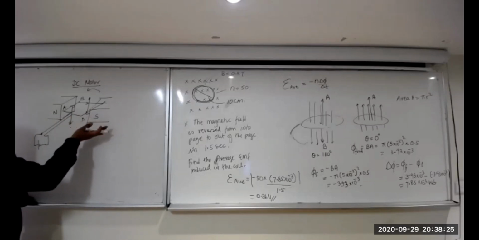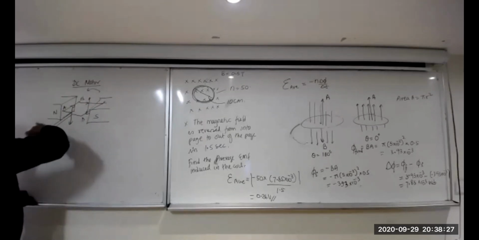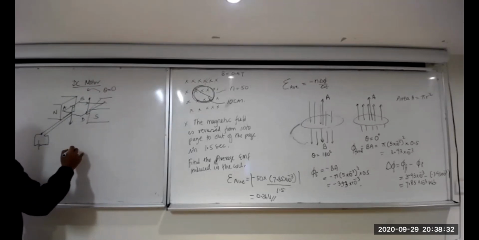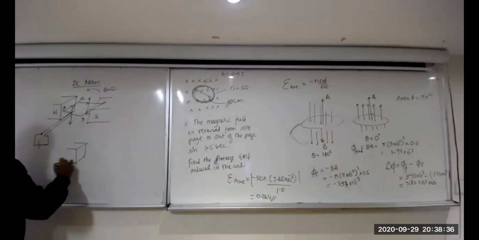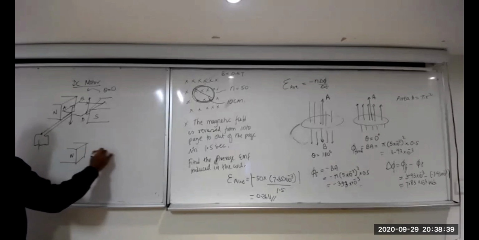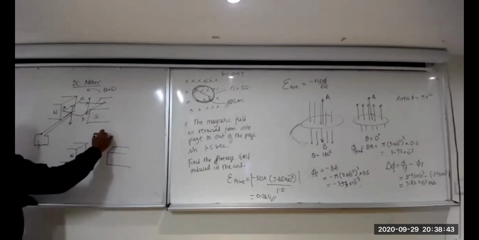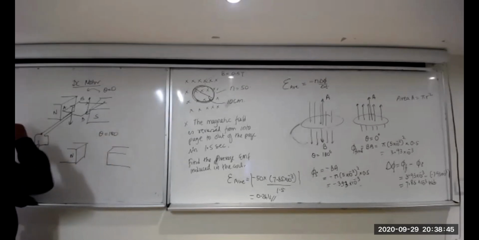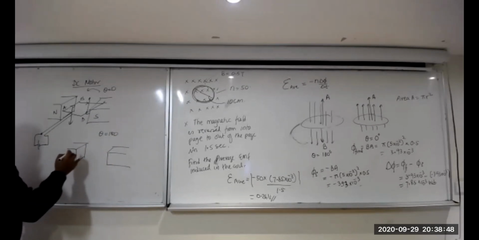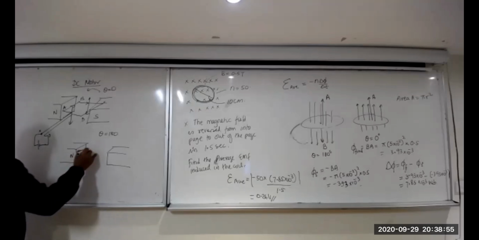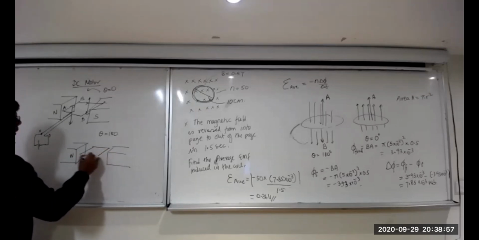Let's consider a situation where it has rotated 180 degrees. Now, this is where we are expecting our split ring commutator to reverse the direction of the current. If the coil rotated 180 degrees, let's assume there is no tangling or anything, so side X is still connected to the positive, side Y is connected to the negative, but the coil has flipped completely the other way.